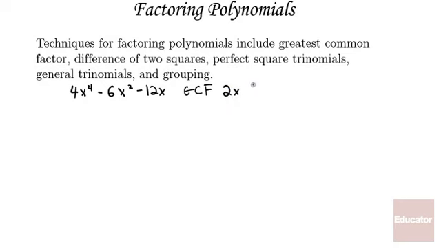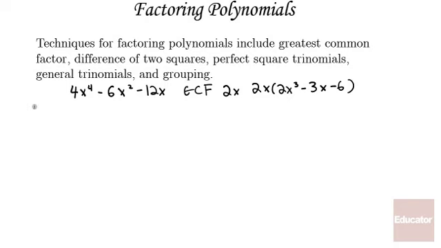So I'd pull that out first. That would give me 2x, leaving behind 2x cubed, here 3x, and here negative 6. And then I would work on factoring that further if it's possible.